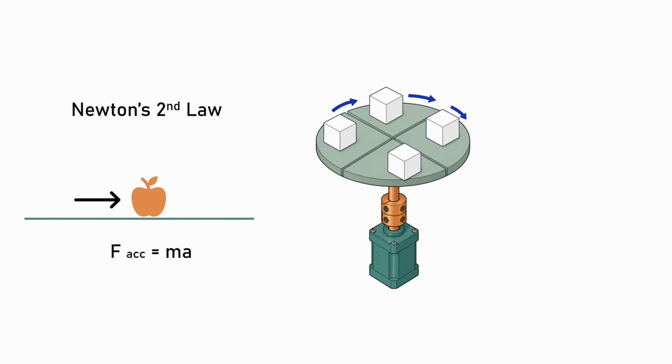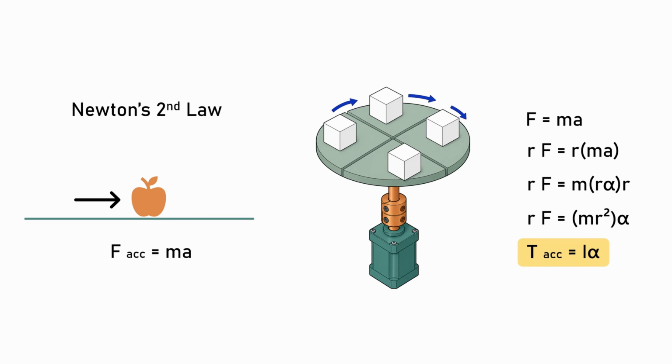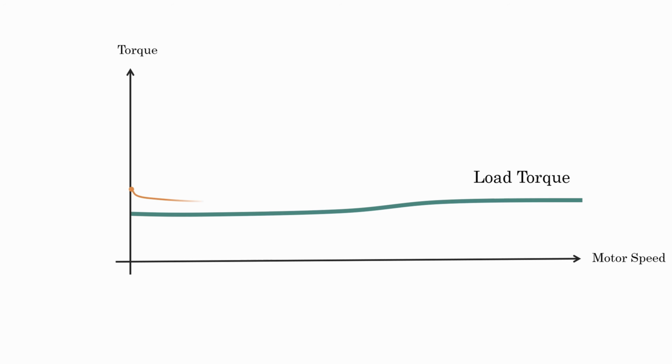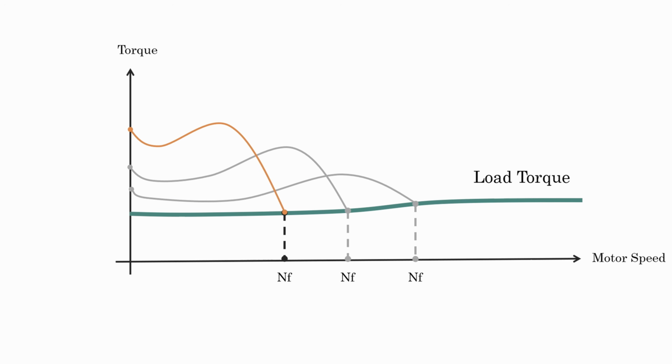According to Newton's second law, for linear motion, acceleration force is equal to mass multiplied by acceleration. But as the motor motion is rotational, acceleration torque becomes moment of inertia multiplied by angular acceleration. This means the faster we want to move the system to reach operating speed, the higher the acceleration torque required.